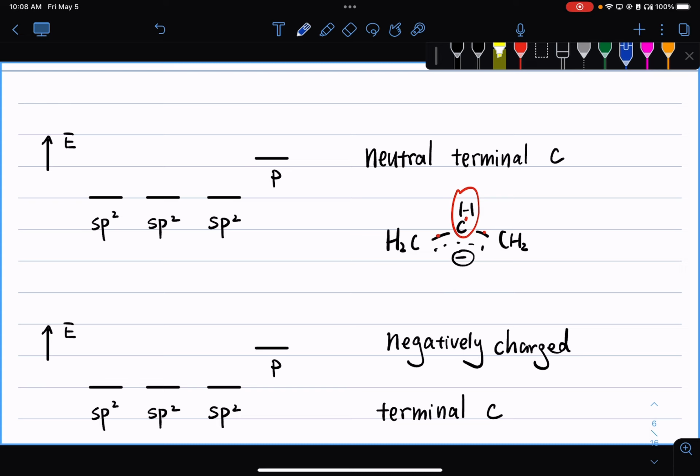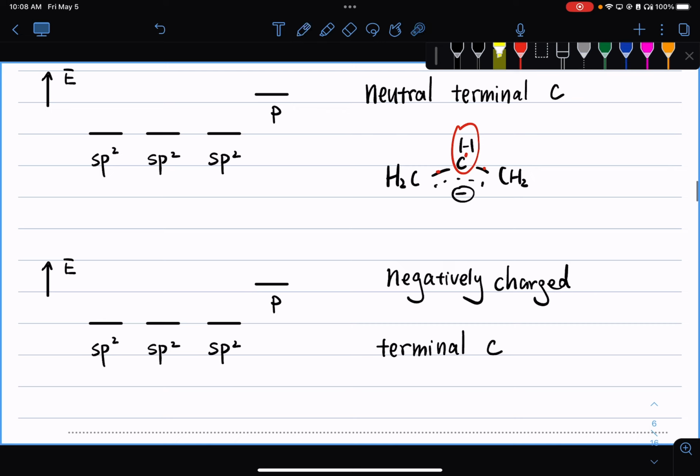One of them is neutral and one of them is negatively charged. The take-home message: when we're assigning electrons to my terminal carbons, one of them is neutral with 4 electrons, and one of them is anionic with 5 electrons. Again, these sp2 hybridized atomic orbitals make sigma bonds.